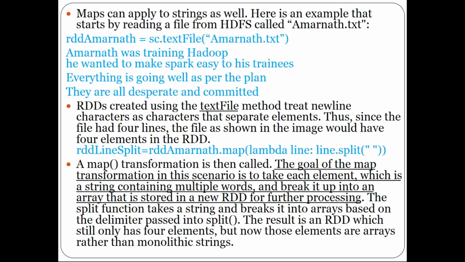I repeat that. I want everyone to make a note of it. Each element is each line, and each line is a string containing multiple words. You know, I know, very good.